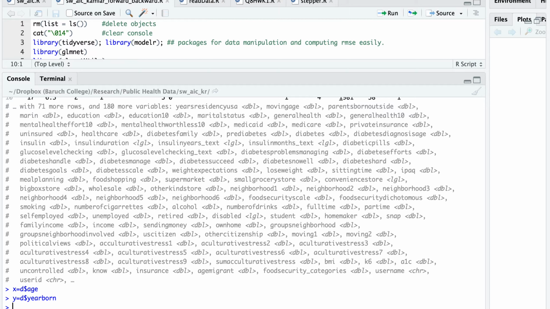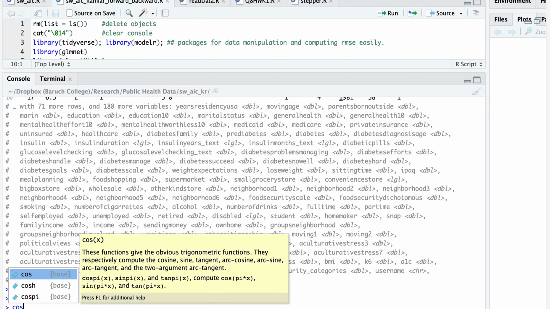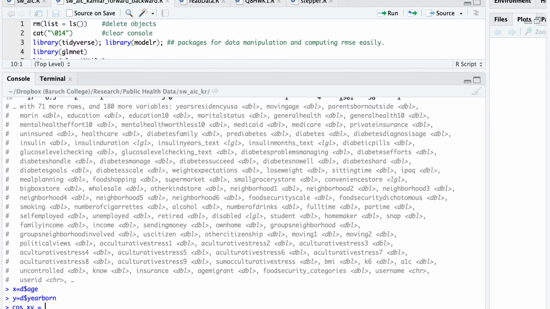If X and Y are pointing in the same direction, what does that mean? That means the angle between them is 0, right? So what is the cosine of the angle between X and Y? Remember, it's X transpose Y divided by the square root of the product of the squared norms.